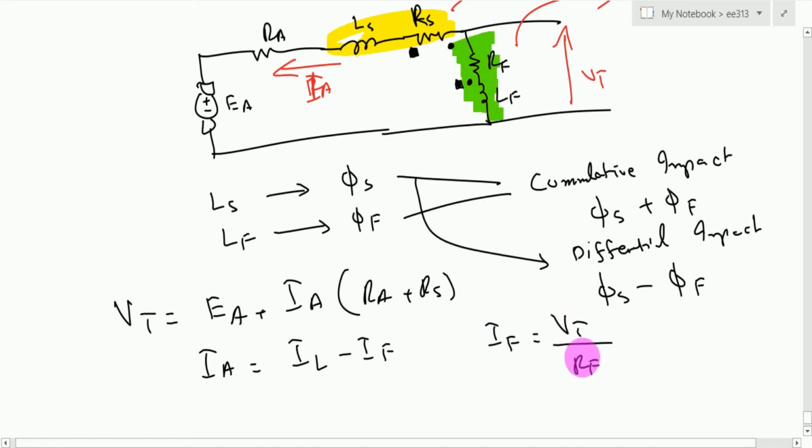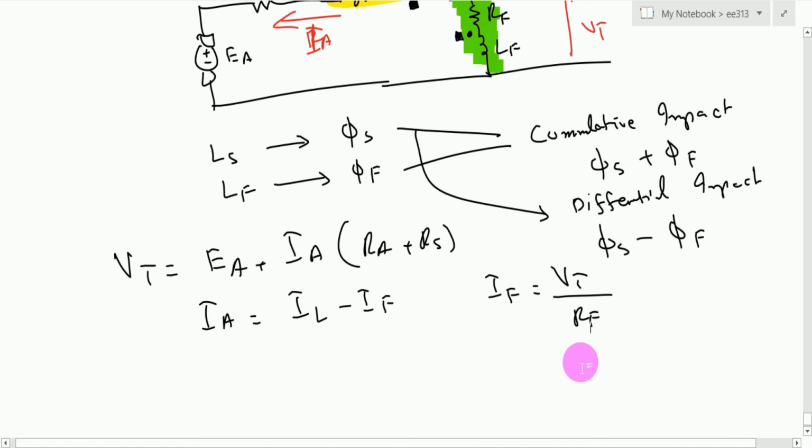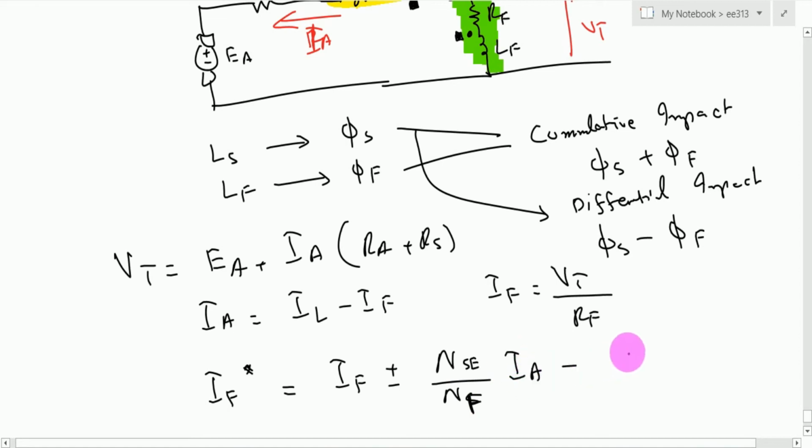So the effective shunt field current is If plus or minus Ns over Nf into Ia, minus the armature reaction FAR divided by Ns, and this contributes to the armature reaction.